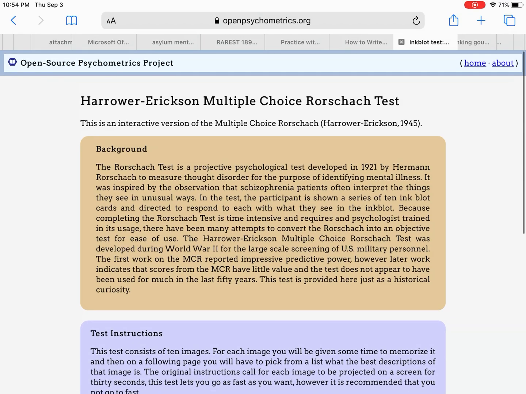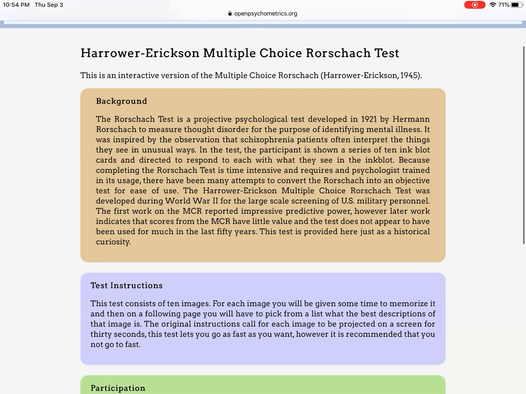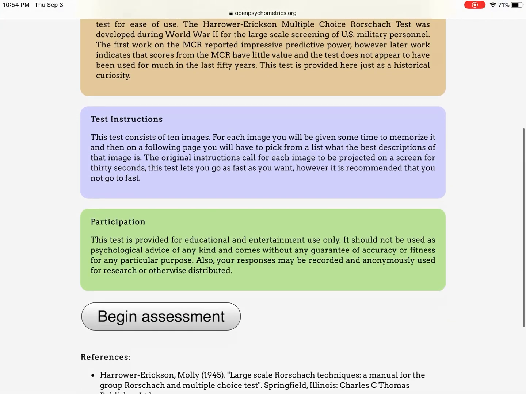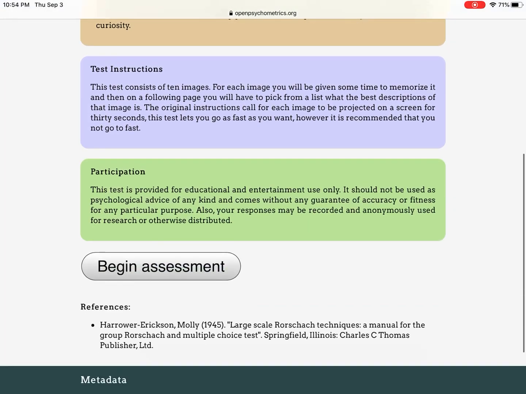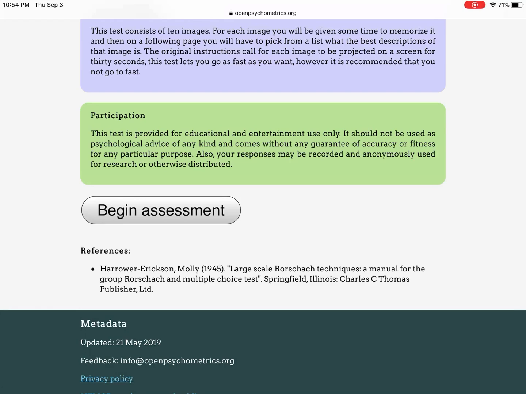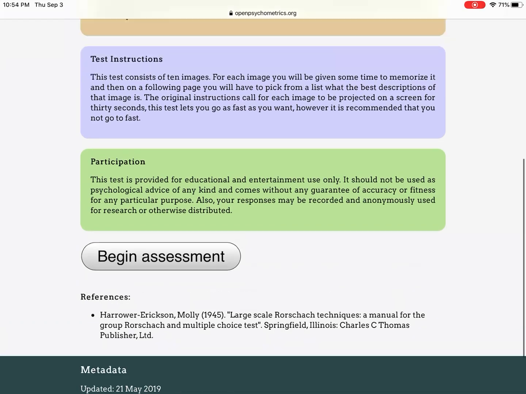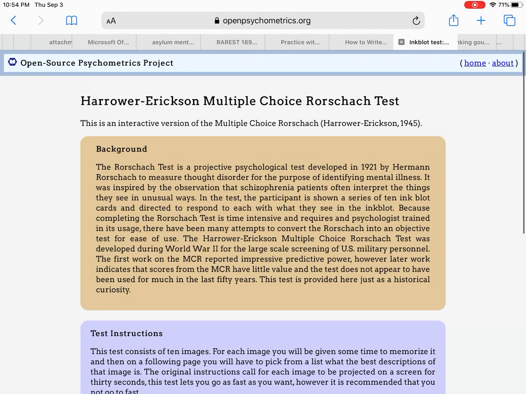There's a link for it. And this is the actual 10 inkblot test where you interpret it to see if you're mentally crazy. This is the test you can take. If you click on begin assessment, I give you explicit instructions in Google Classroom what to do with this if you would like bonus. It's going to be worth 15 points bonus.